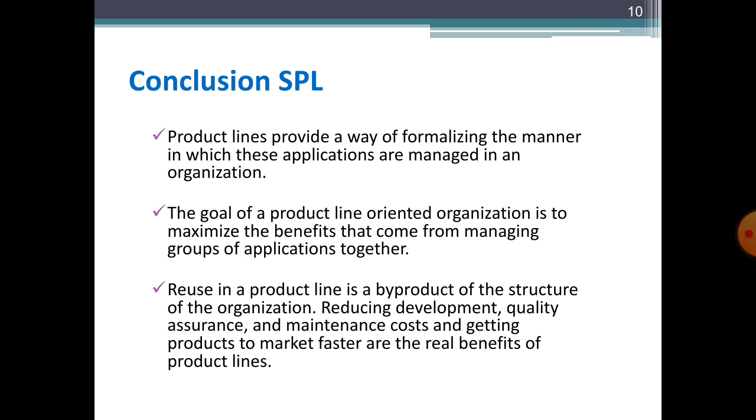Reducing development, quality assurance, and maintenance costs, and getting products to market faster are the real benefits of software product line. So students, here our software product line, which is an approach of software reusability, comes to an end.